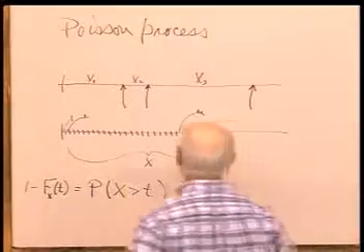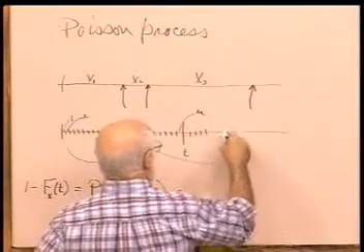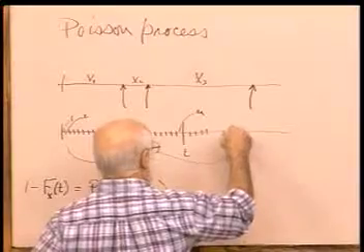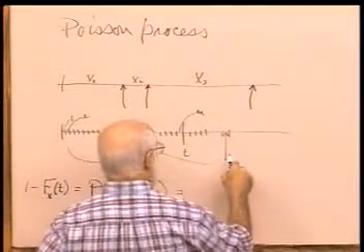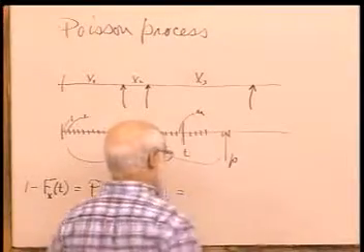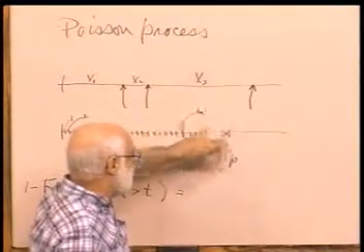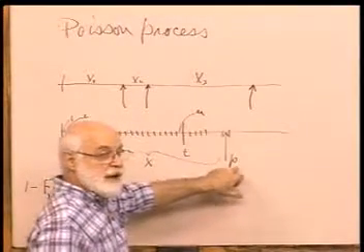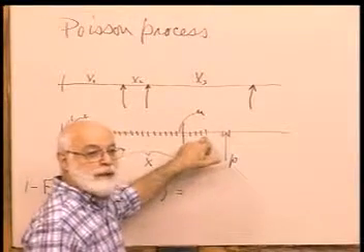So now I say, all right, what I'm going to do is imagine that this x has occurred, this event has occurred in one of these little intervals, and let's say that the probability that any little interval contains an arrow is p, and the probability that any little interval does not contain an arrow is 1 minus p.